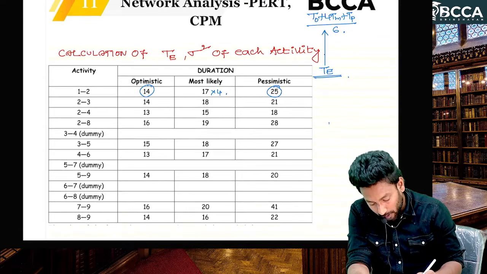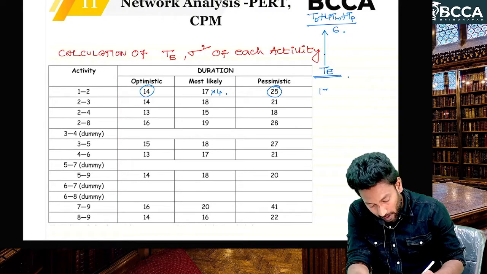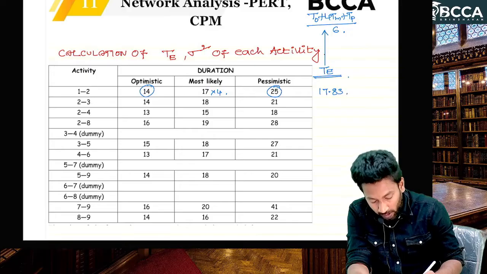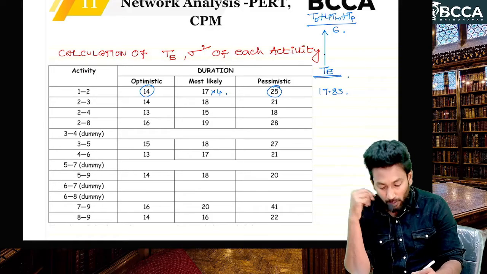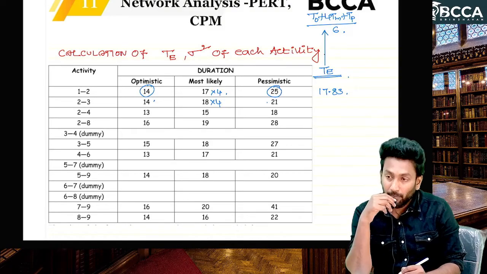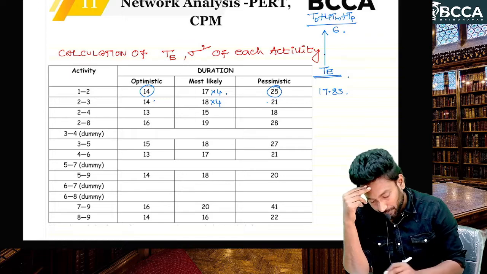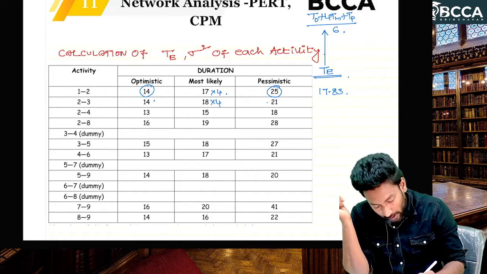17.83. Next one, 18 into 4 plus 21 plus 14 divided by 6: 17.83, same thing.